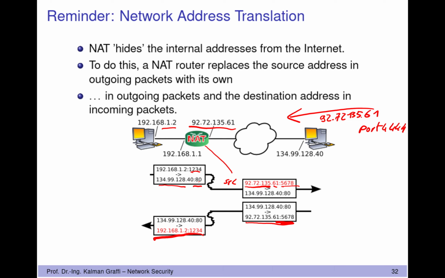Whom should the NAT deliver this message to? There's not just one PC, there are also further, let's say 10, 20, 50 PCs, which are using this single public IP address. So to which should it forward the message? It doesn't know. There's no clue, so it would drop the message. So it acts as some kind of firewall as well.